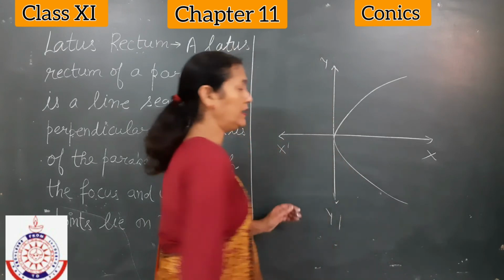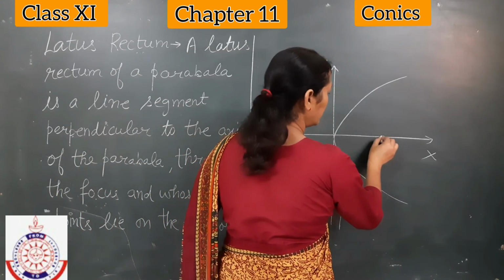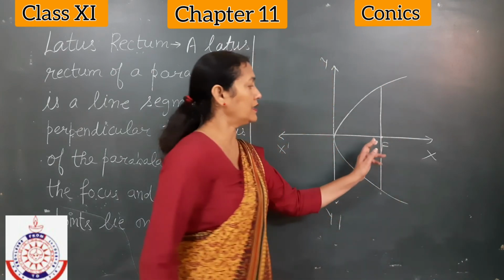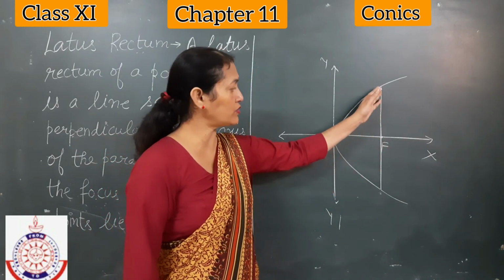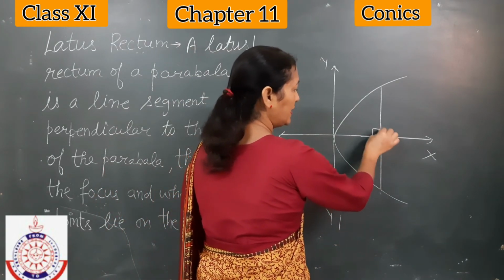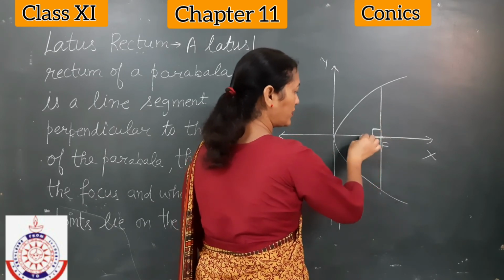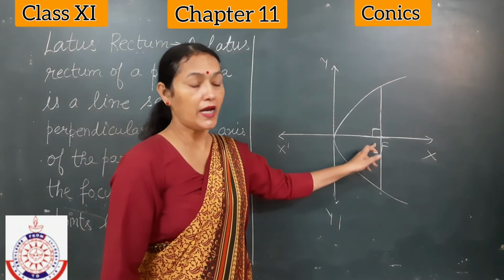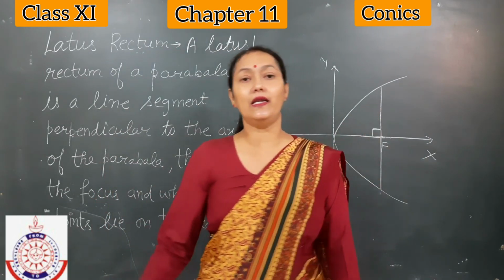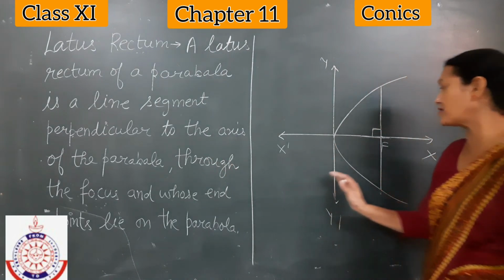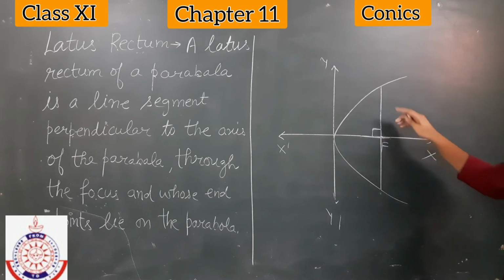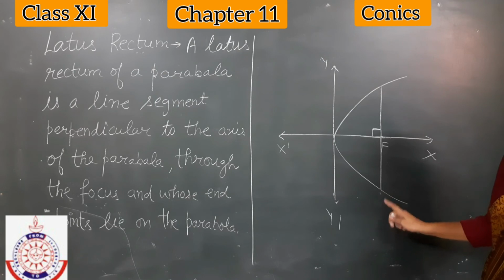For this right hand parabola, suppose the focus is at this point, and we draw a line passing through the focus and perpendicular to the axis of symmetry, with its endpoints lying on the parabola. This kind of line is called the latus rectum. The latus rectum is a line which passes through the focus, is perpendicular to the axis of symmetry, and has its endpoints on the parabola.